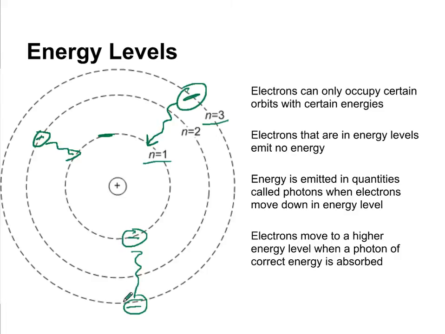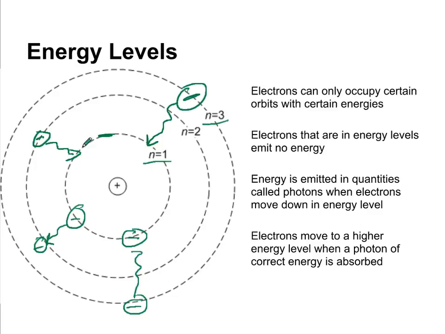For an electron to go from the first to the second, it would have to absorb the same amount of energy that was given off as this second electron moved down to the first energy level. So it's specific energies that are given off as electrons move between specific energy levels.